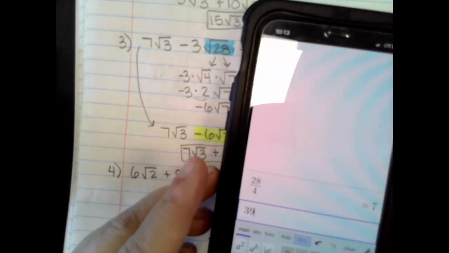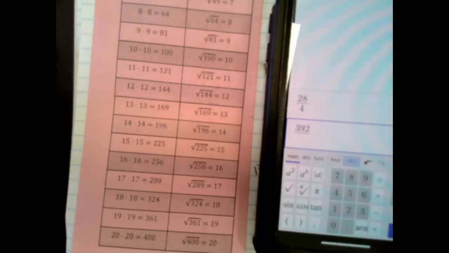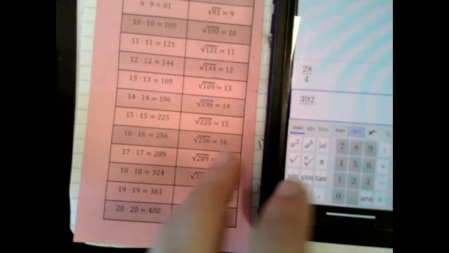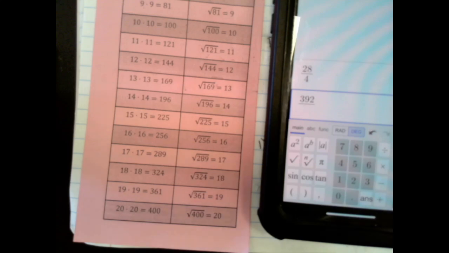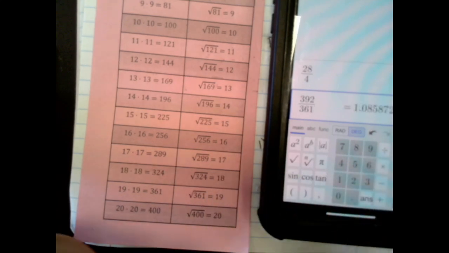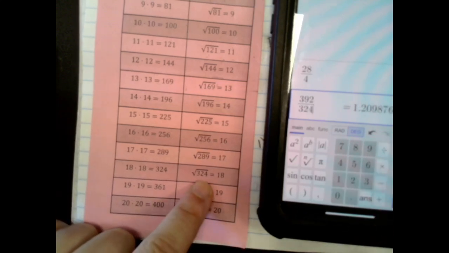Okay, so 392, let's see if we can divide 392 by something. So I'm going to throw that in my calculator. 392 divided by, what's the biggest number before we go over 392? Cool. 361. So we divide by 361, just double check. Nope. Okay, so then we just work our way up. So 324.